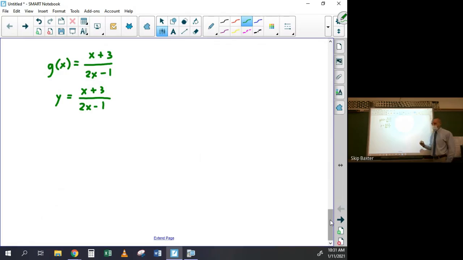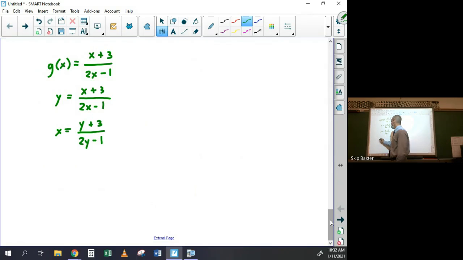Then switch x's and y's. So x equals y plus 3 over 2y minus 1. Now I need to solve for y. So how do I do that? Okay, we could cross multiply. That's a good idea.